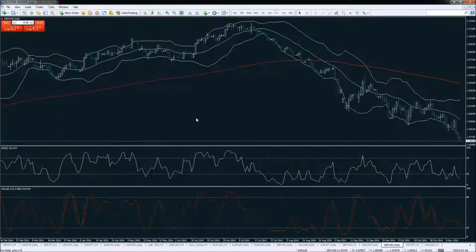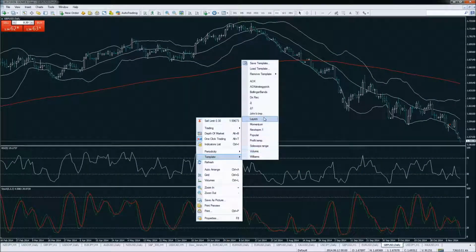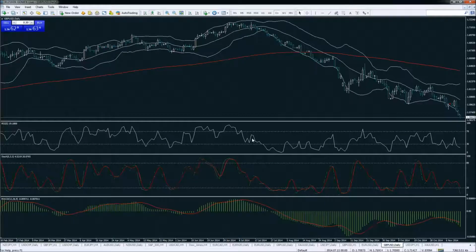So we can, of course, apply it to every different currency pair that we want. There you go, additional MACD with the preset settings here. Everything that you need for your fast execution.